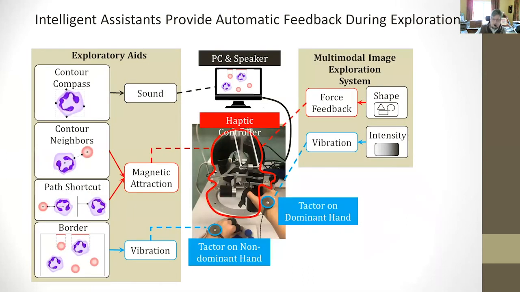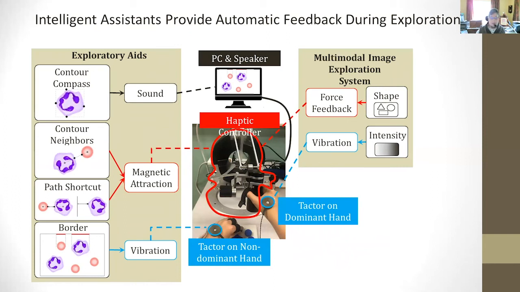That is a great capability, but we really wanted to assist the users to be more efficient. So, using this neural network, we could understand their behaviors and then automatically provide some type of intelligent assistance while they're exploring the image.